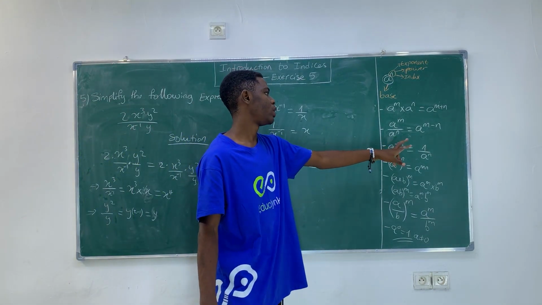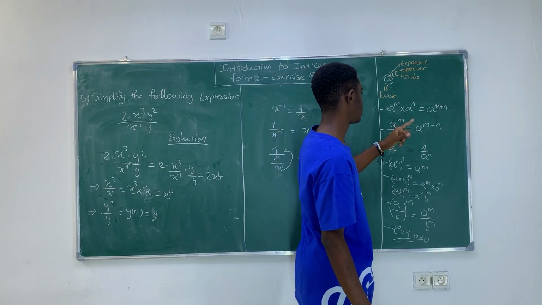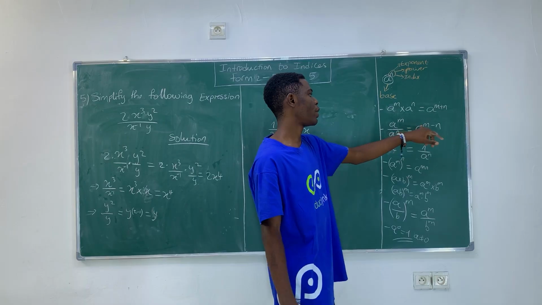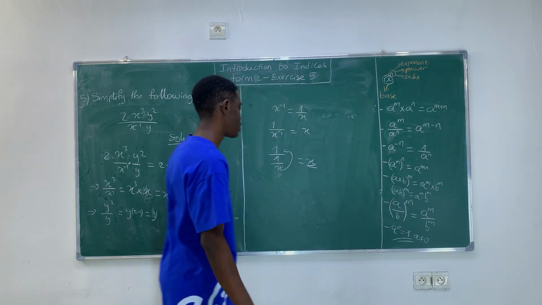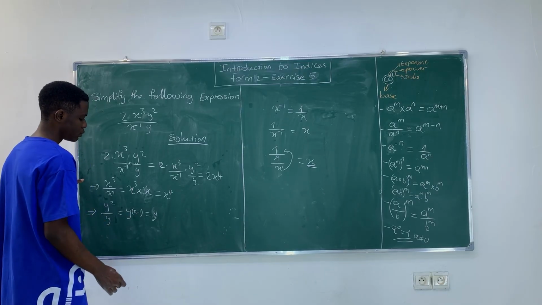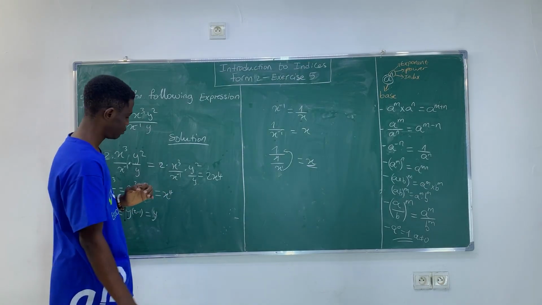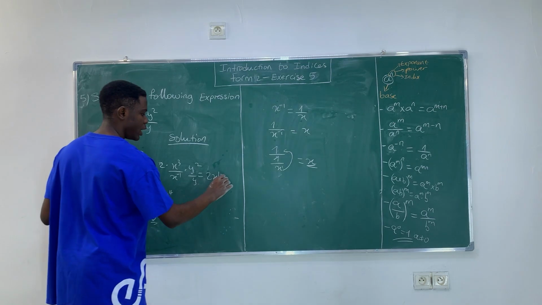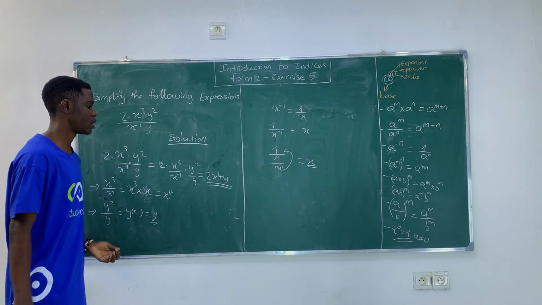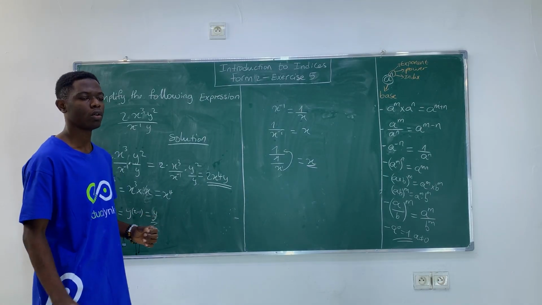When you have the same base, with a power on top and a power below, you do the power up minus the power down. y to the power 2 minus 1 is the same as y to the power 1, equal to y. So here you have your y, and that is how you have your answer: 2x to the power 4 y.